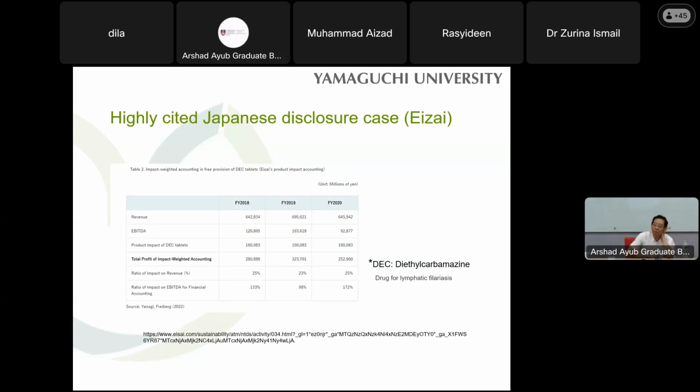This company distributed malaria and other tropical disease drugs for free in Africa. And they quantified and monetized the impact of this free distribution of the drugs in Africa and disclosed it as a part of CSR.